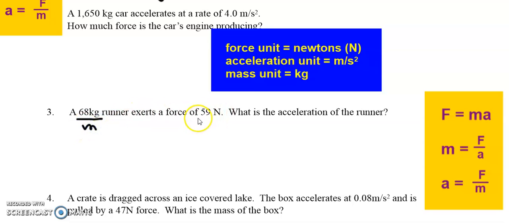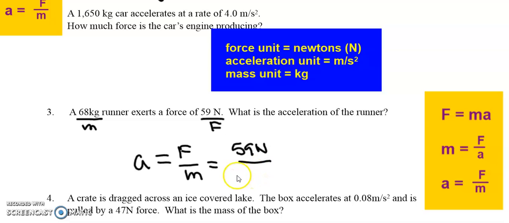So a 68 kilogram runner exerts a force of 59 newtons. It is force and it is newtons. And they want to know what is the acceleration of the runner. So we need an acceleration equals formula when it says that. We do have force and mass provided for us, so this is perfect. So we've got force divided by mass, and that's going to equal 59 newtons divided by 68 kilograms.